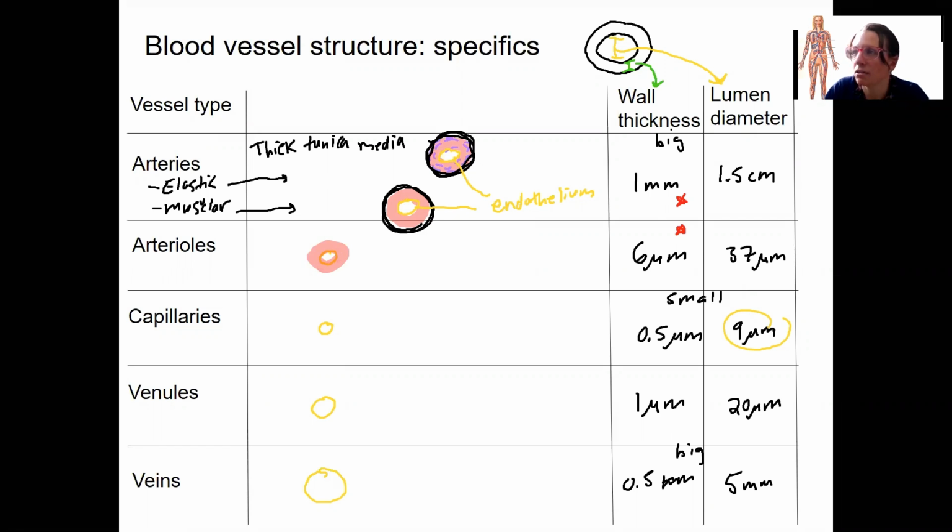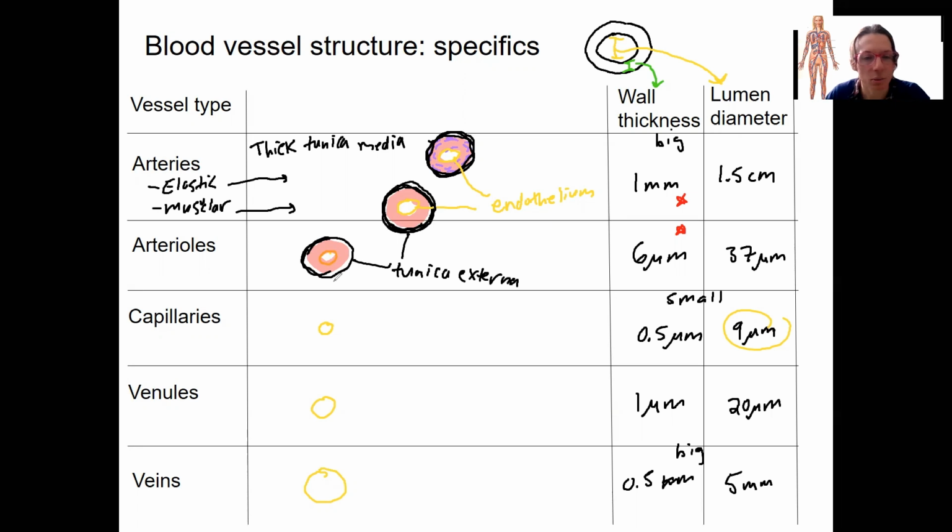And then we're going to have our tunica externa, not quite as thick as in our arteries. The whole thing gets smaller. Smooth muscle is still a very important component of the arterioles, and that's important for their function. They're going to be able to constrict and dilate. Capillaries, we're done, right? That's it.